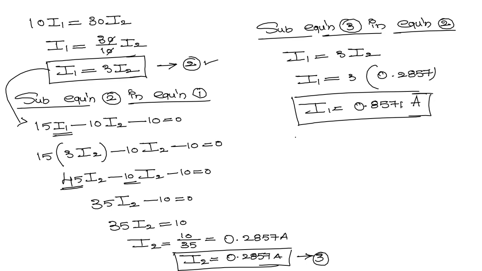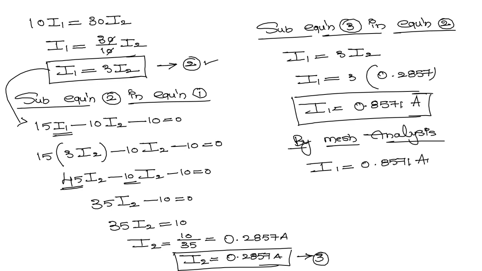So by using the mesh analysis concept, we got the currents which are flowing in the loops. That is I1 is equal to 0.8571 amperes, and I2 is equal to 0.2857 amperes. So this is the solution we get for the given network by using the concept of mesh analysis. Clear?